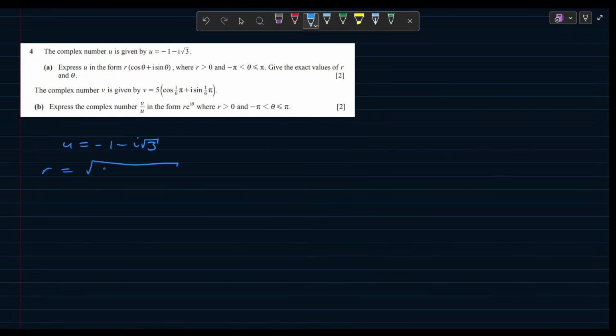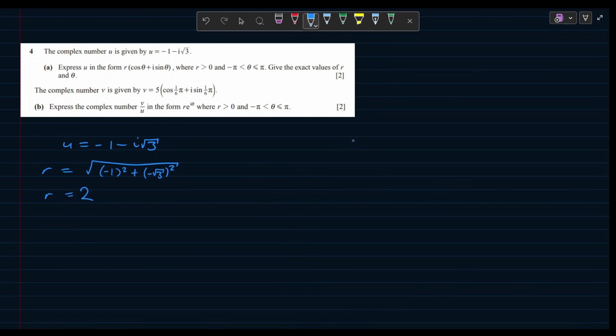So r is the square root of -1 squared plus negative root 3 squared. Alright, so let's punch this into the calculator, that's the square root of negative 1 squared plus negative root 3 squared, and that gives us 2. And we also need to find theta.